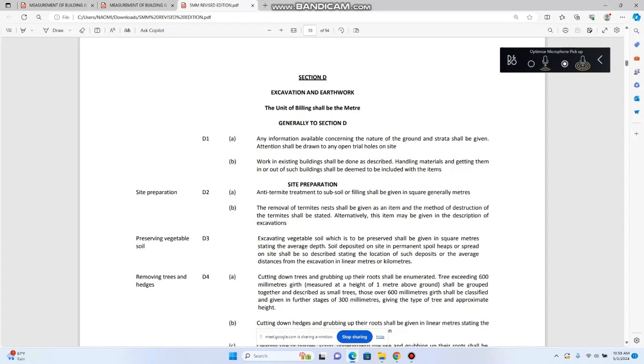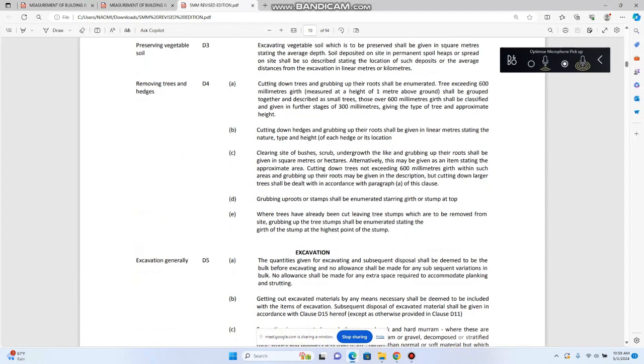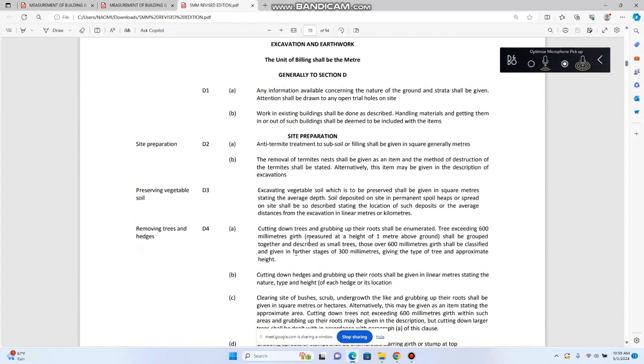Okay. In site preparation, we have not yet seen the site clearance. If you look at this section, removing trees and hedges, we are told cutting down trees, if there were trees on site, and grubbing up their roots shall be enumerated. As in, enumerated means they should be stated in numbers.